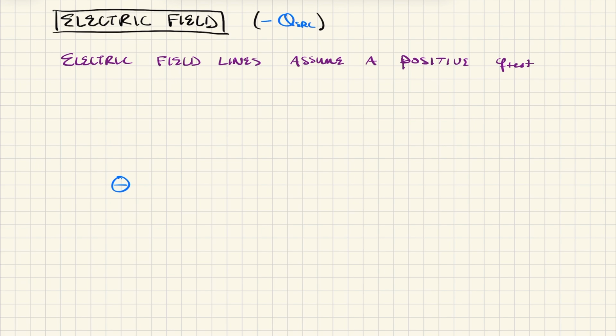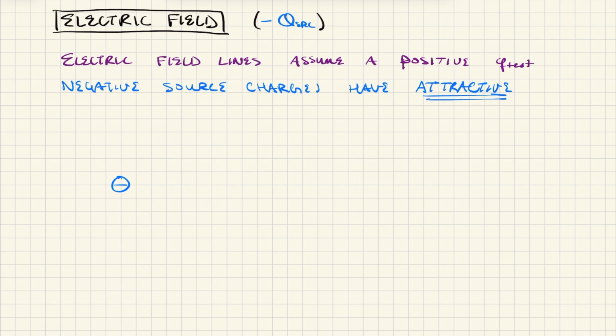When it comes to a negative source charge, there's only one difference. Because the electric field lines assume a positive Q test and we have a negative source, we're going to have an attractive force. What that means is negative source charges have attractive fields, and by attractive, I mean pointing inwards.